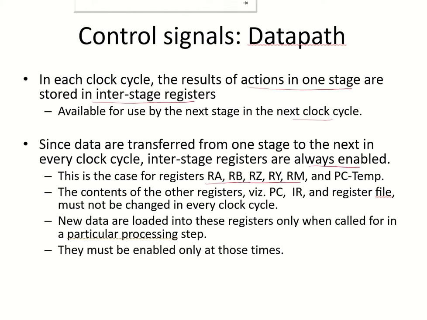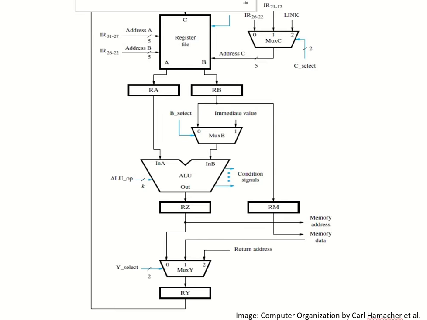But certain registers like the program counter, the instruction register or the register file are required only in certain processing steps, so they should be enabled only in those stages. Let us see what control signals would be required.